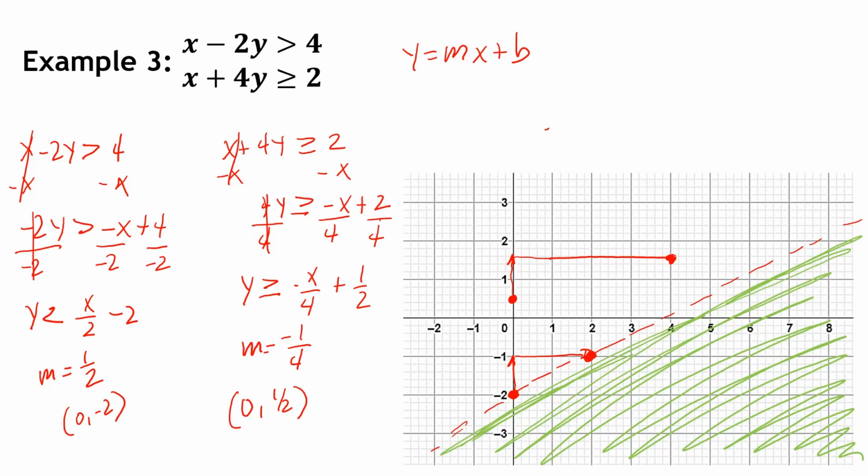Then we need to connect the 2 points. Oh, sorry, wait. I made a mistake again.